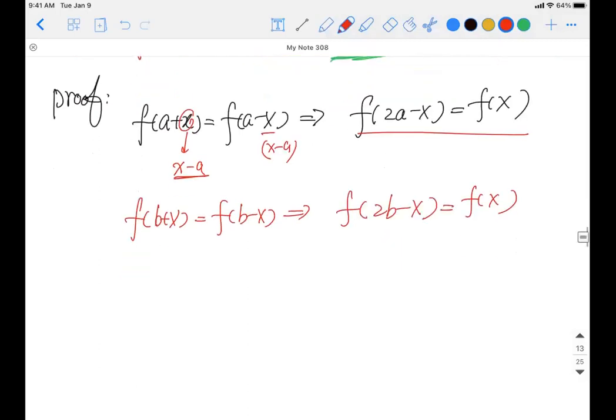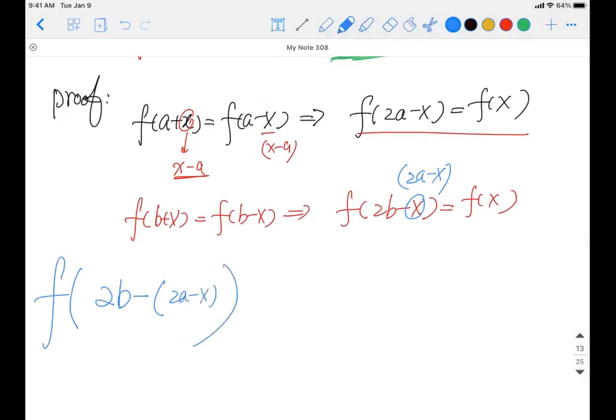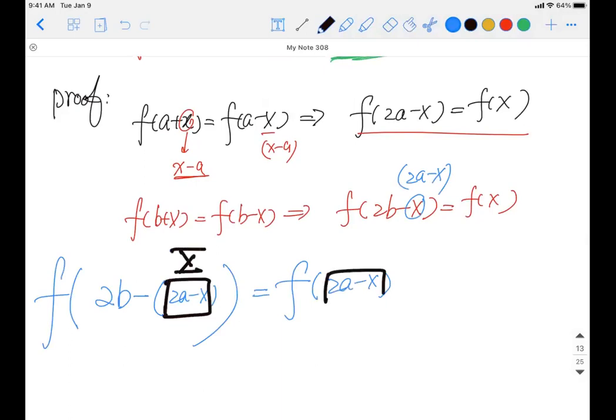Okay, if that's the case, I'm going to do a magic. Check it out. f(2b − ...), I'm going to let this x equal 2a minus x. According to our definition, it will equal f(x), because this is going to be your x. f(2b−x) equals f(x).